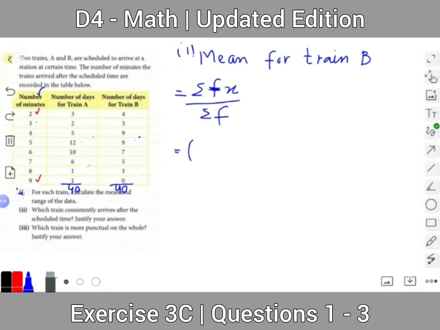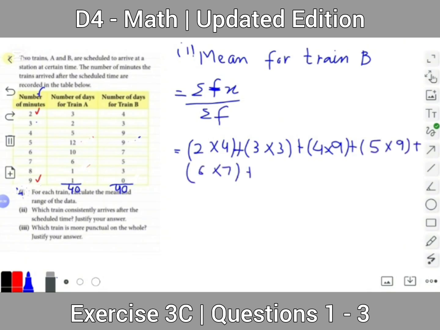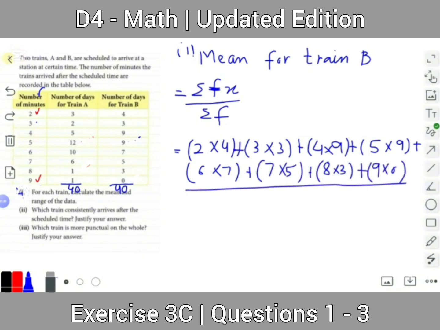So here we have 2 multiplied by 4 plus 3 multiplied by 3 plus 4 multiplied by 9 plus 5 multiplied by 9 plus 6 multiplied by 7 plus 7 multiplied by 5 plus 8 multiplied by 3 and plus 9 multiplied by 0, and divided by 40.